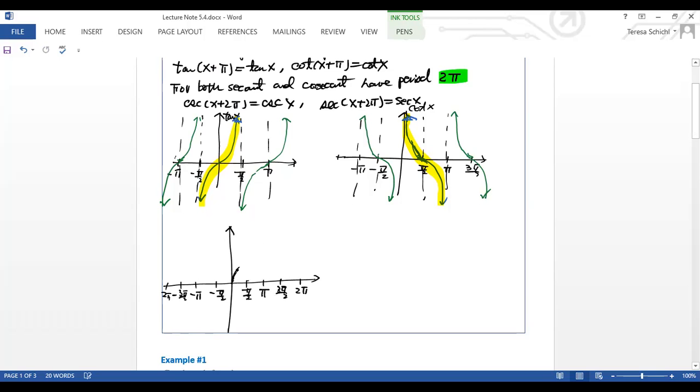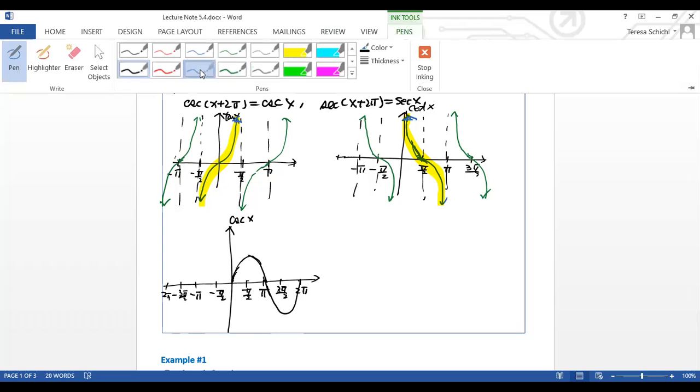So this one, we all know this is my sine function, right? Okay, so now this is the main part of my sine function. And because the cosecant x is the reciprocal, I'm going to use my color code here.